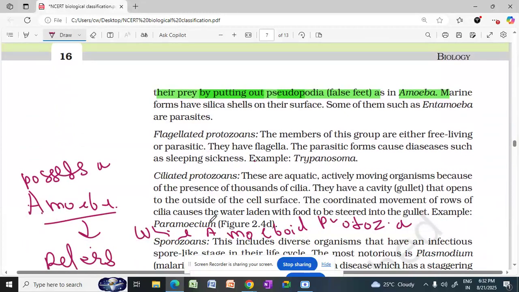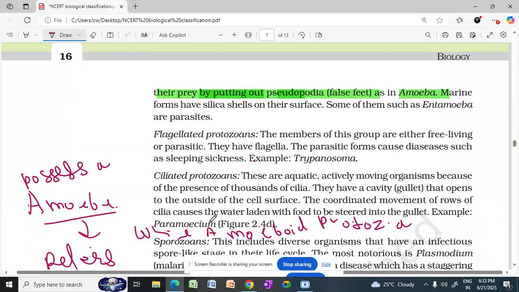Kingdom. I'm just explaining. Before going directly to the question, we must understand the concept. In the five kingdom system of classification, you have five kingdoms, right?